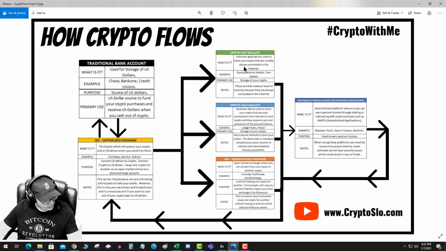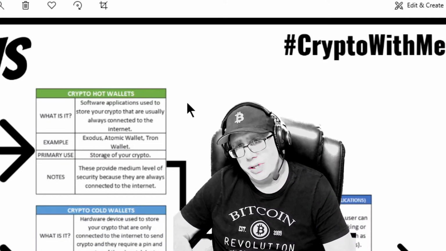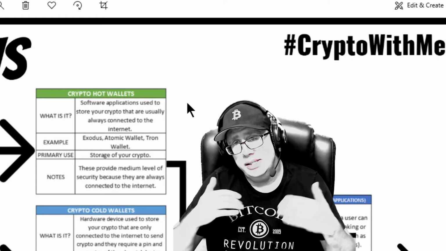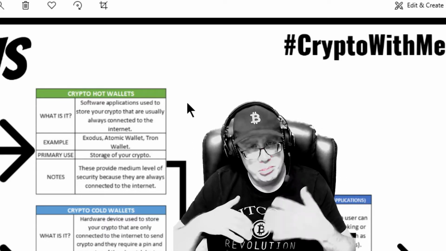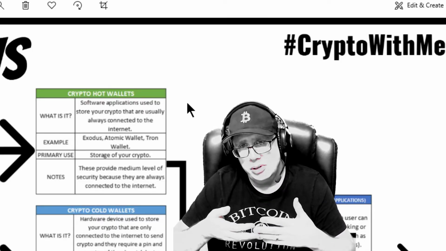Let's go over crypto hot wallets. Crypto hot wallets are software applications used to store your crypto that are usually always connected to the internet. Examples would be Exodus, Atomic Wallet, Trust Wallet, and MetaMask, which is used for Ethereum. Primary use is storage of crypto.